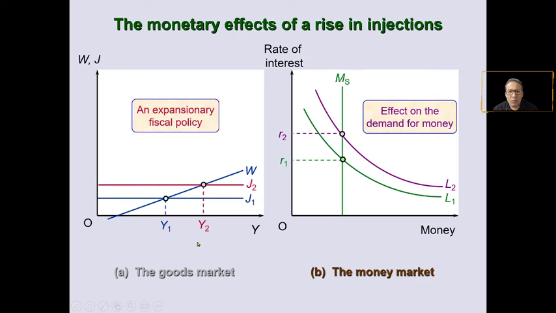Although an expansionary fiscal policy might also be due to a decrease in taxes, we are not going to cover that example now. Just imagine that the government is spending more.